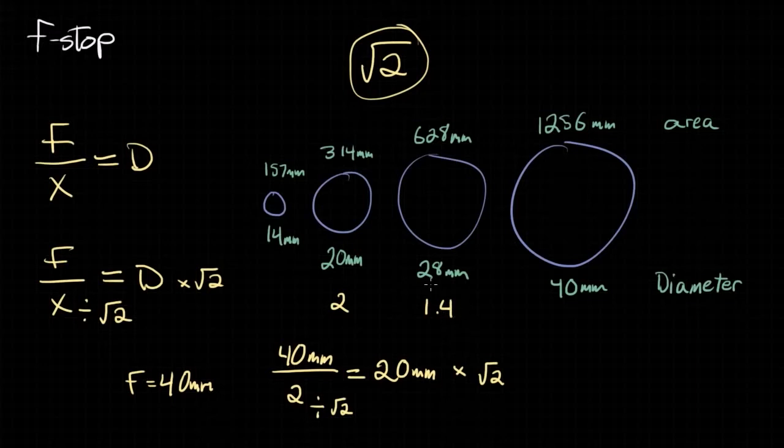Every time we go up a number in the f-stop scale, we're dividing our f-stop number by the square root of 2. And every time we go down the scale, we're multiplying our f-stop number by the square root of 2. So even though the f-stop numbers seem kind of random, they're really not. They're just being divided or multiplied by the square root of 2, depending on if you want double the light or half the light.